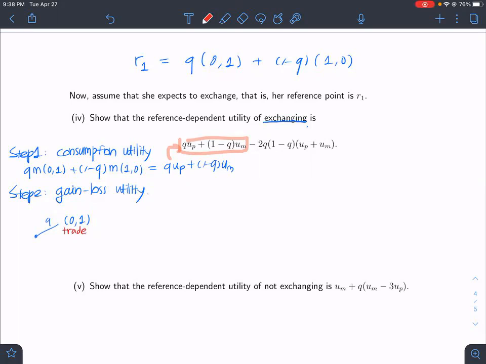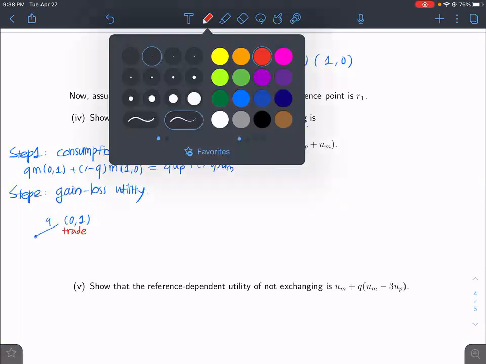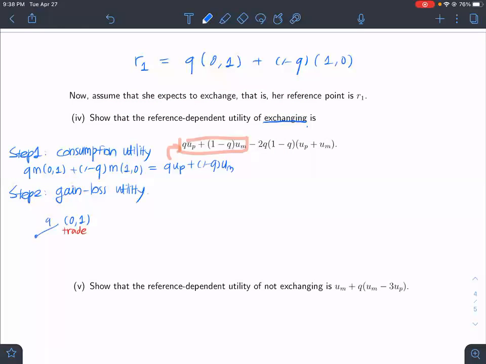So I'm exchanging, right? And I'm giving my mug and get the pen. By probability 1 minus Q, I'm ending up with 1, 0. So let me just write here to help understanding, keep mug. Now this is the actual outcome, okay? So actual outcome.